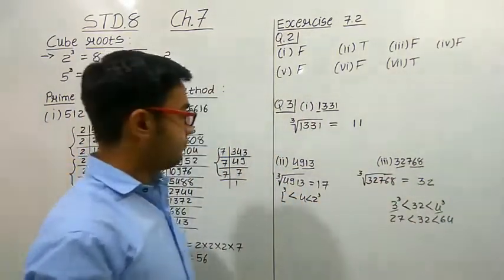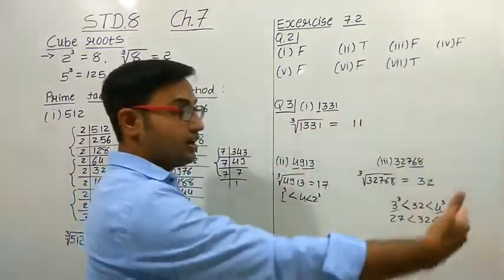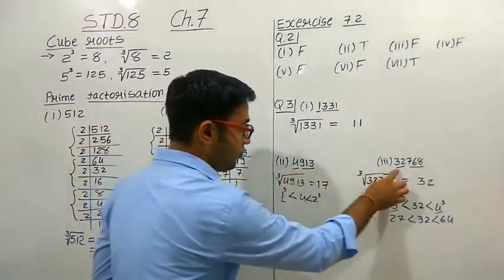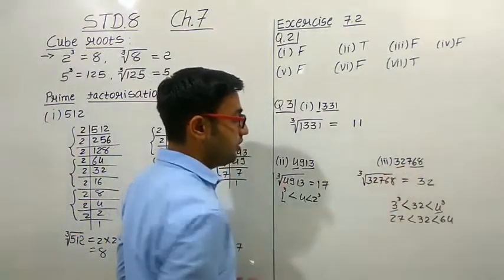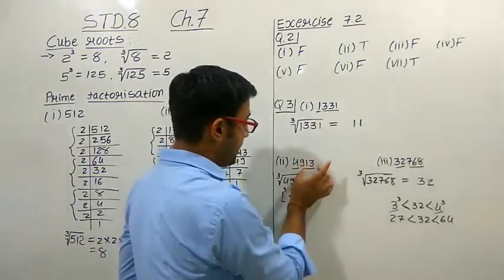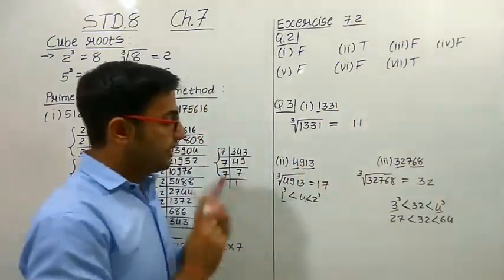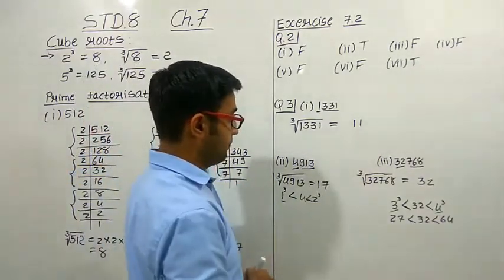The simple thing is that we first make pairs of 3 digits from the right-hand side. Whatever digits remain, either 1 or 2, stay as they are, and we put an underscore for them. Now estimate the first pair of 3 digits, and from it we get the unit place digit of the cube root.